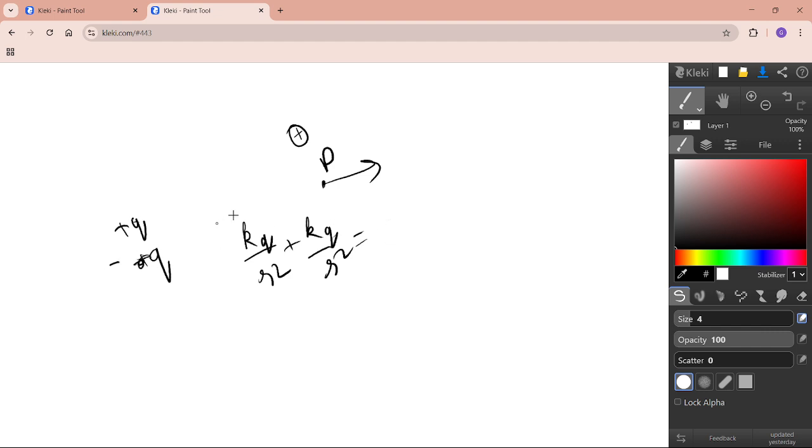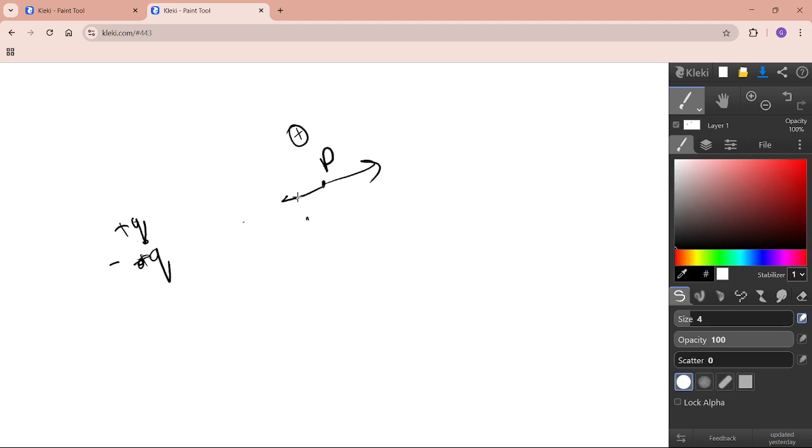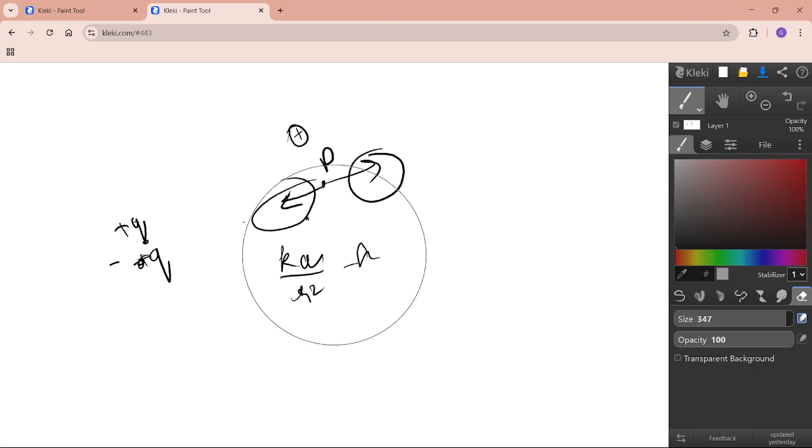And if it's negative, of course, I'm assuming they're at almost the same point, kq by r square positive here and minus kq by r square here, you directly add them, and this has actually a deeper meaning.